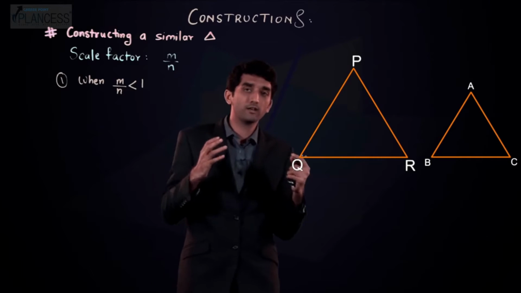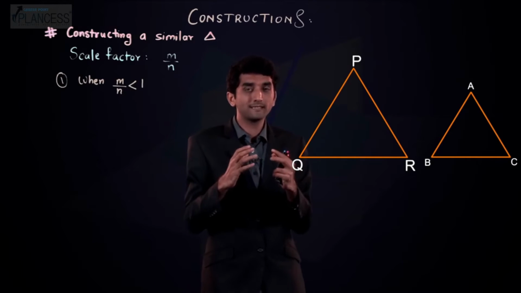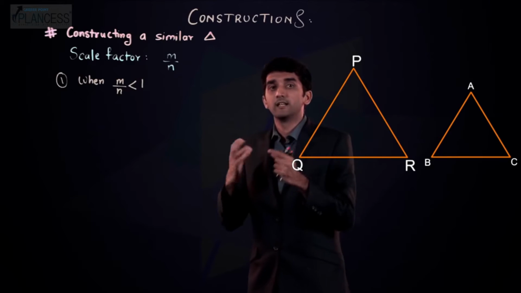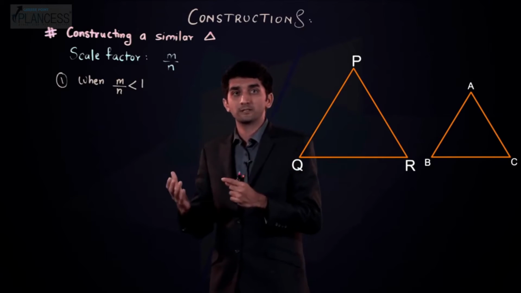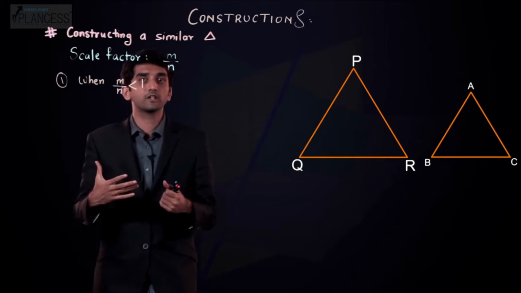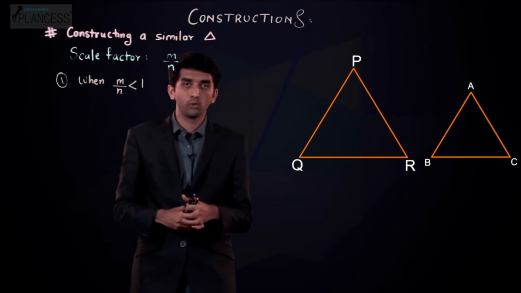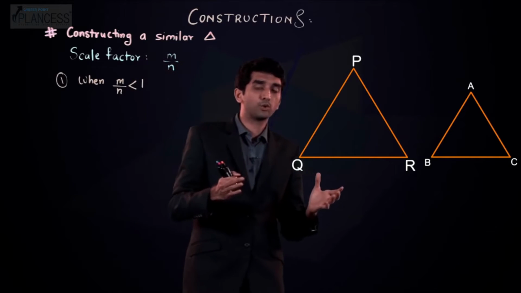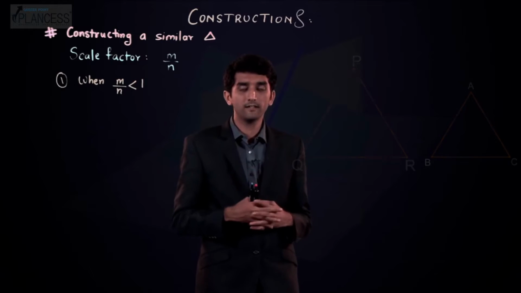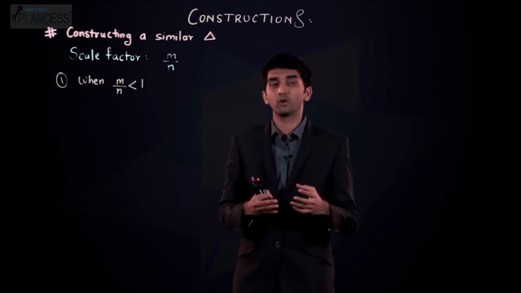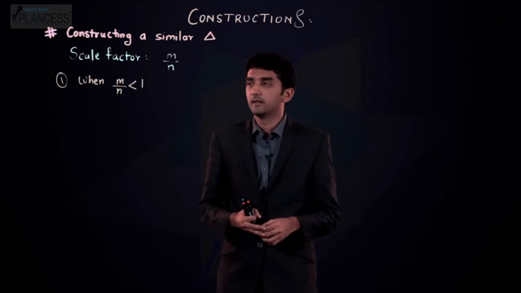If we have a triangle and we have to compress it to another similar triangle which has its sides lesser as compared to its corresponding sides in the original triangle, how to construct that particular triangle is what we are going to learn in this section. We are going to have a generalized outlook to this first, and then we'll take a problem to see how exactly to implement this algorithm, right?